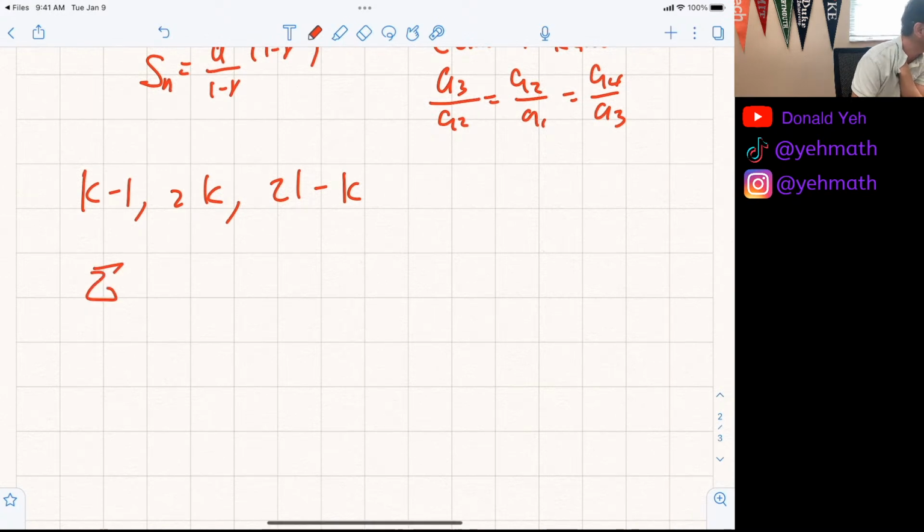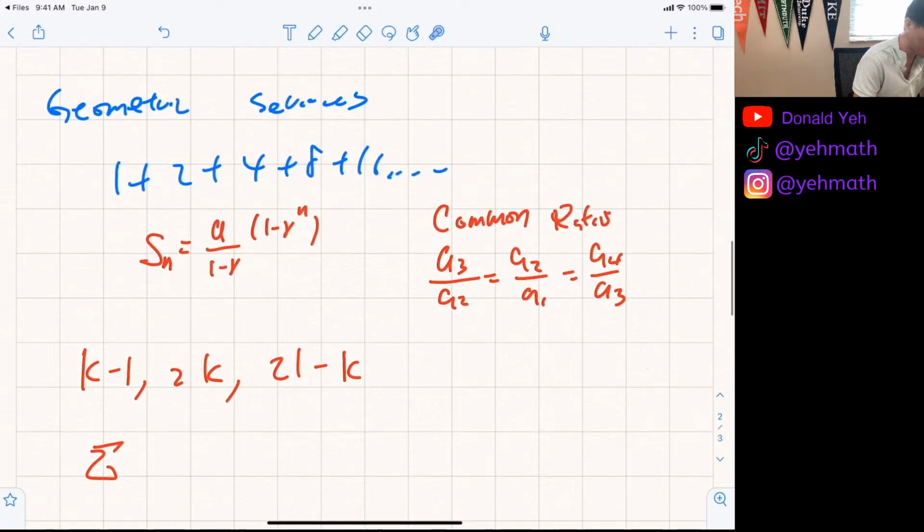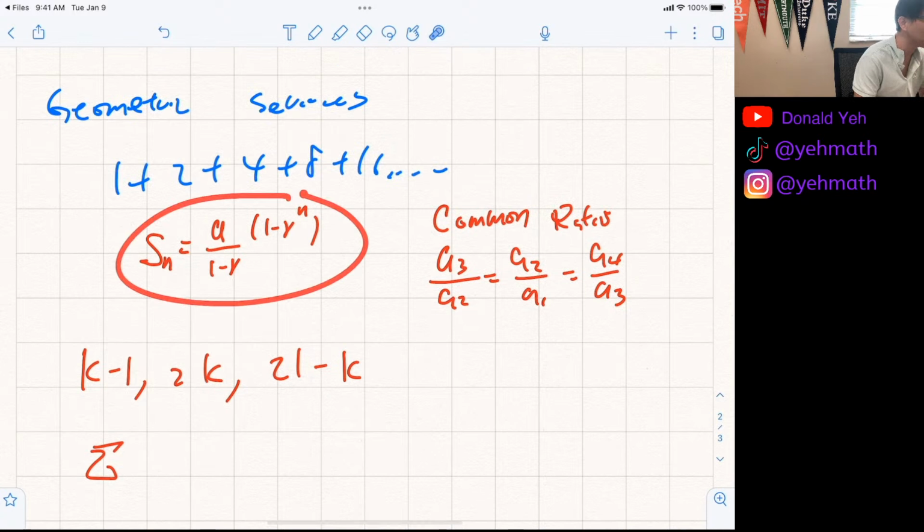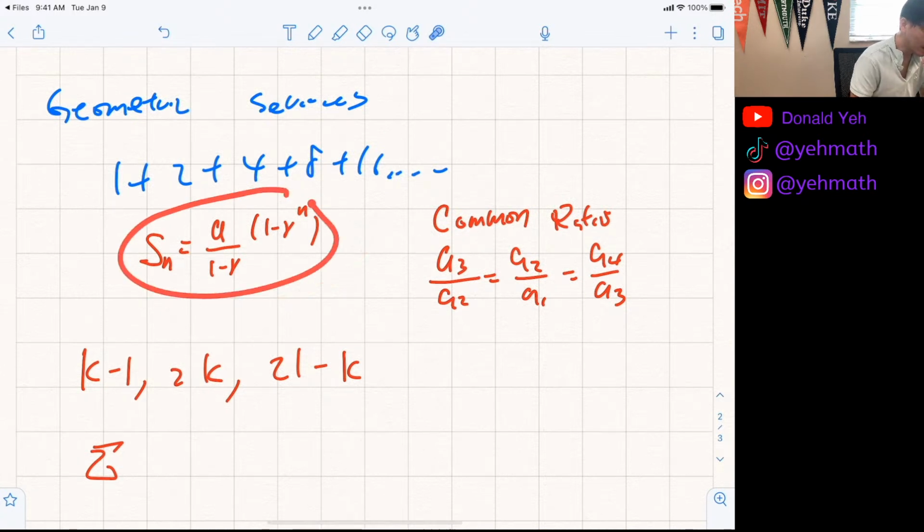k equals 3 and 7 over 5. Alright, so there is an equation for a geometric series. You might want to write this down.